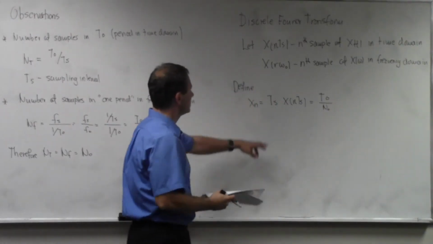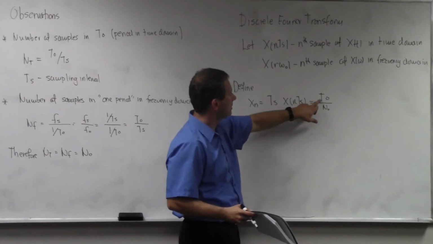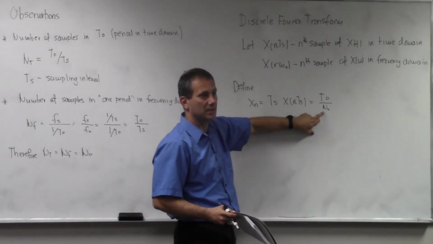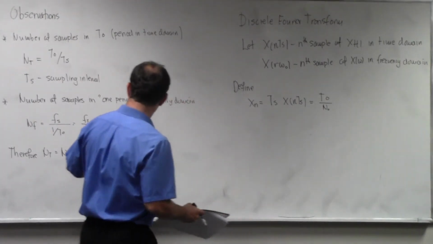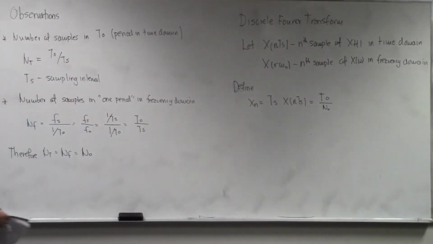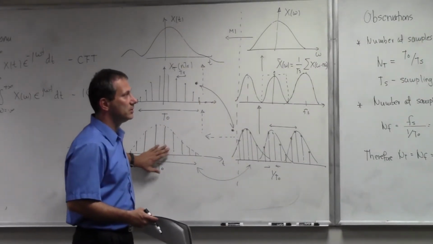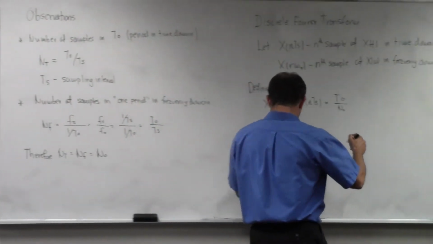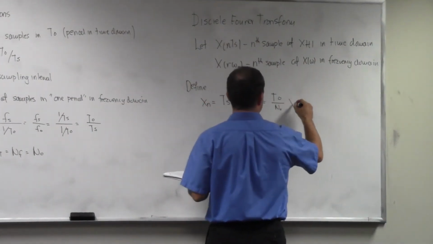Because ts is equal to total time that I have for processing divided by the total number of samples that I take, right? And this is this n0. Essentially the count of how many of these samples I'm able to take over the period of t0, x of nts.